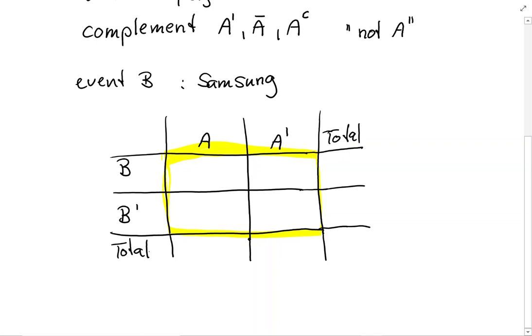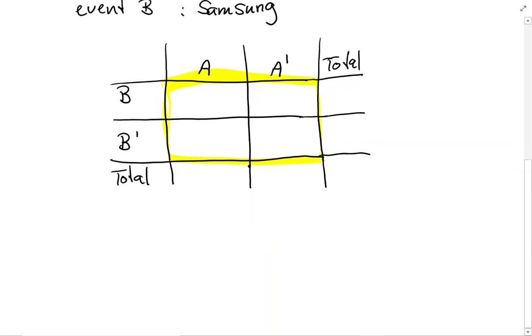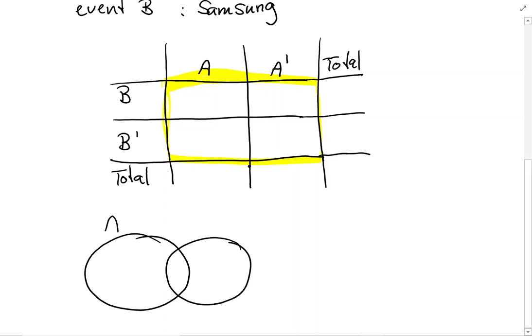Now, let's say I have a Venn diagram that represents my information and I want to transfer the Venn diagram into a two-way table. So, I've got a Venn diagram. A is iPhone, B is Samsung.